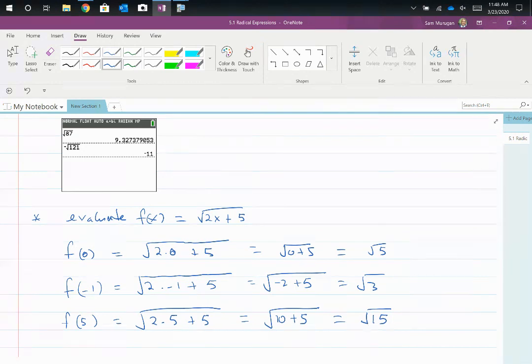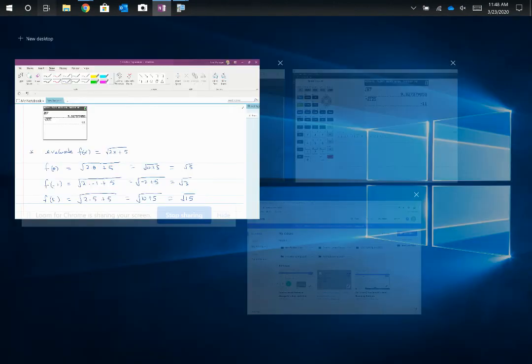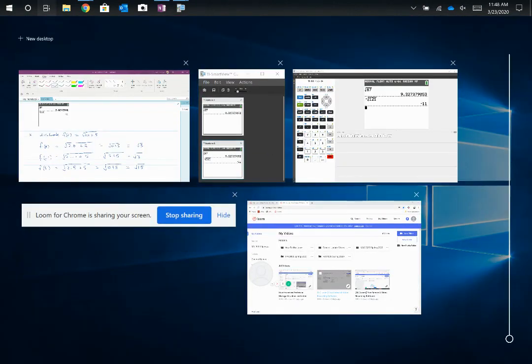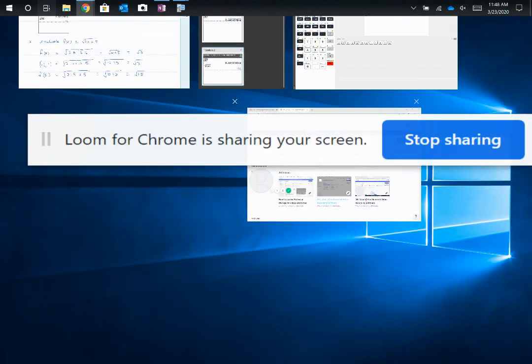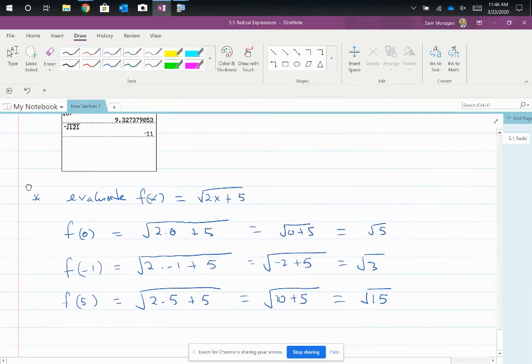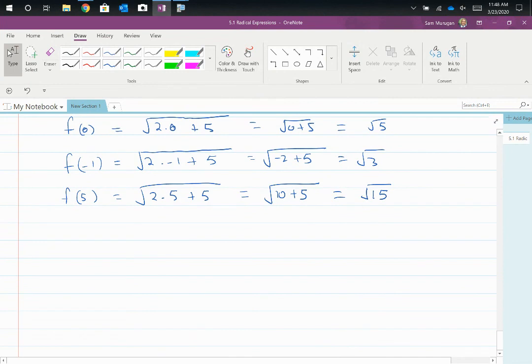One last example. F of x equals the cube root of x minus 23.